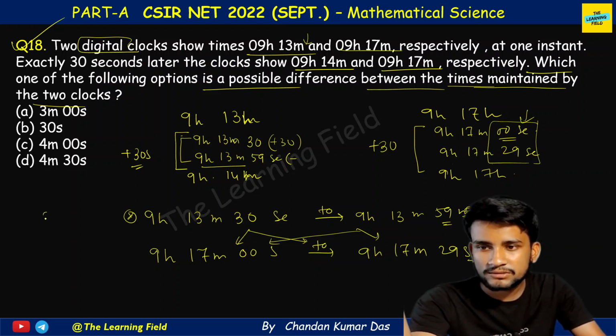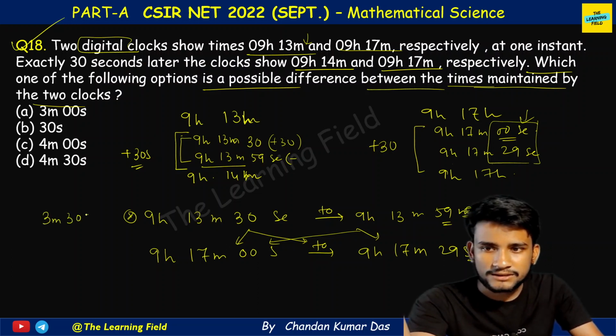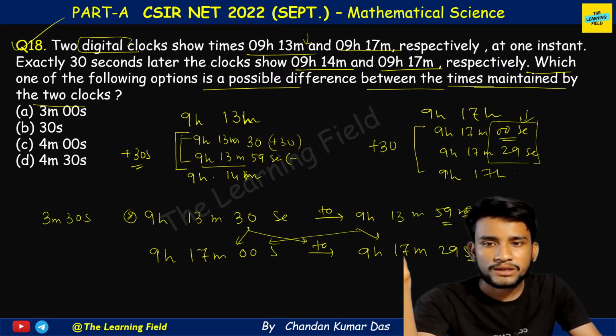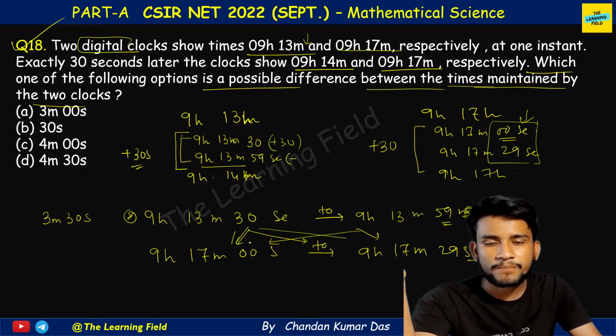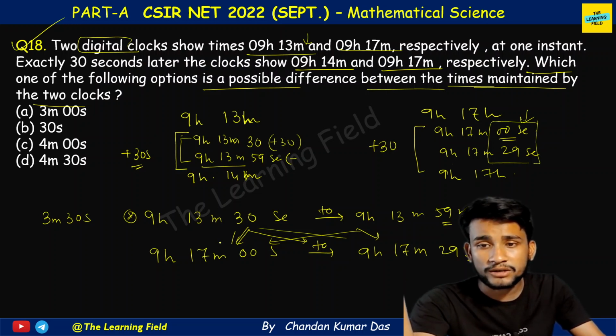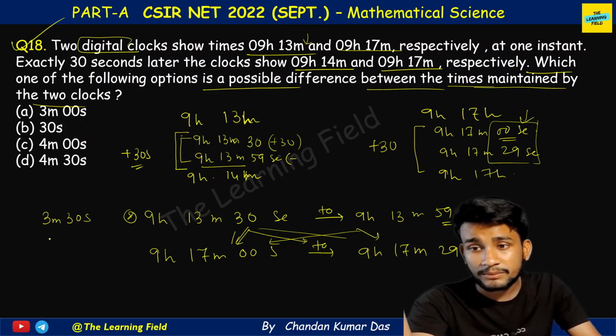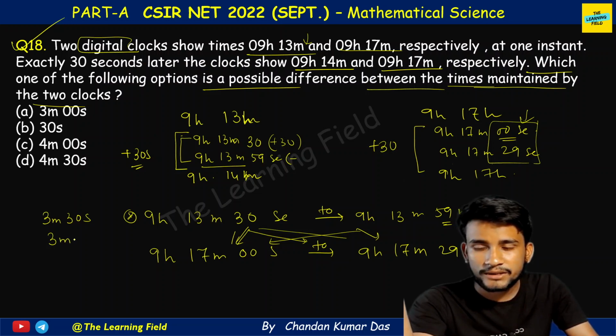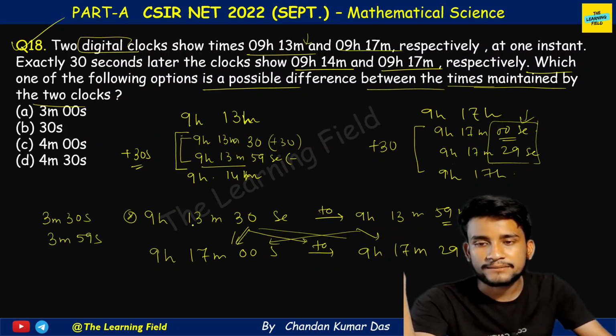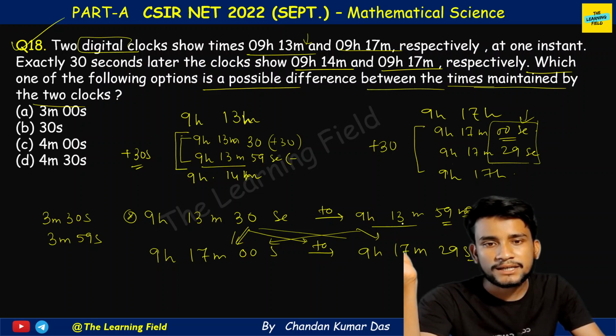So in this case we get 3 minutes 30 seconds in one case. So from this to this and from this to this, 17 minutes, 9:30, 3 minutes, sorry, 59 seconds. So in this case we get 3 minutes 59 seconds, and in this case we get 13 minutes 59 seconds, means 14, 16, 17, 15, 16, 17.